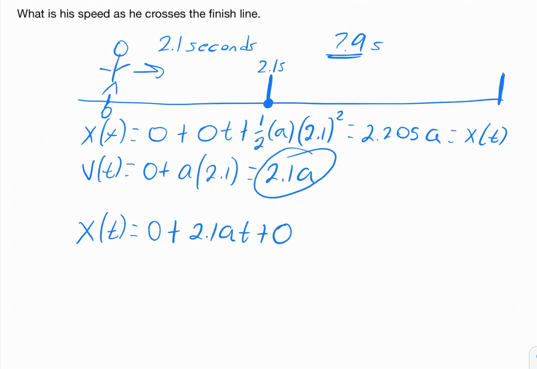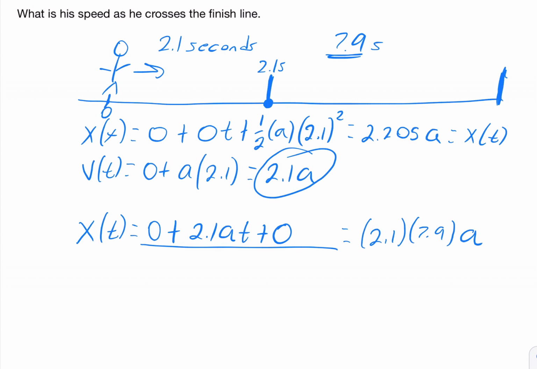And this is going to be this distance here. Now we don't know what that is. That's just going to be what that distance is there. But we know what the time is, 7.9. So this is going to be 2.1 times 7.9 times a.